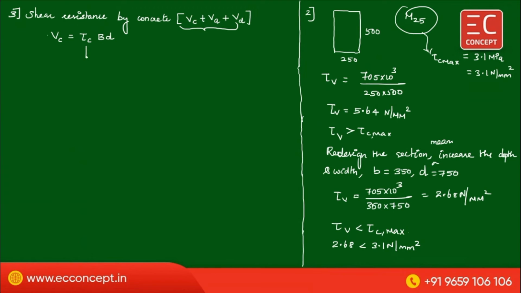So this tau C, which was calculated from IS 456 2000, corresponds to the percentage of tension reinforcement.